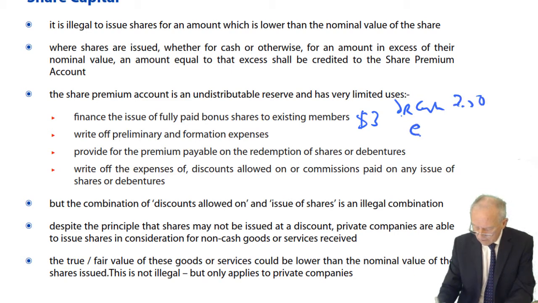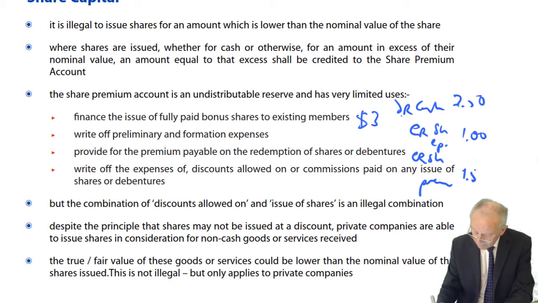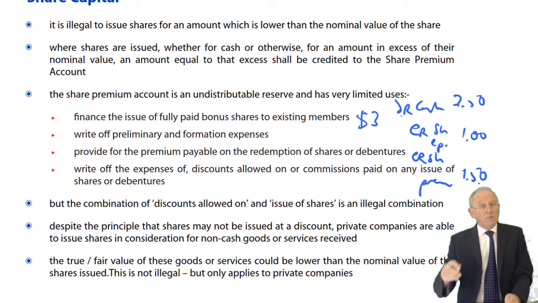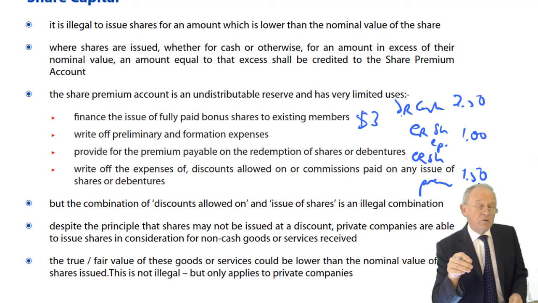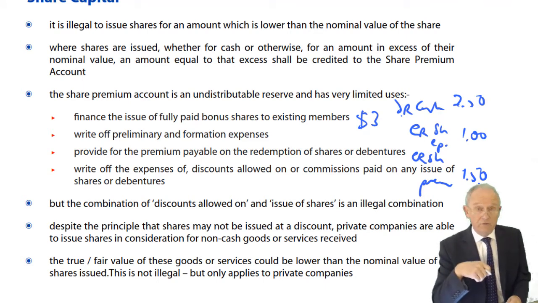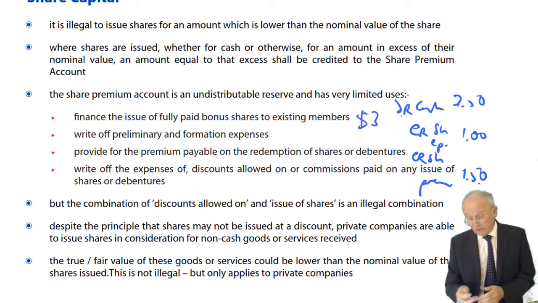We've got credit share capital, $1, and credit share premium, $1.50. So these are being issued in exchange for cash or otherwise for an amount in excess of their nominal value. Then an amount equal to that excess, $1.50, shall be credited to the share premium account.